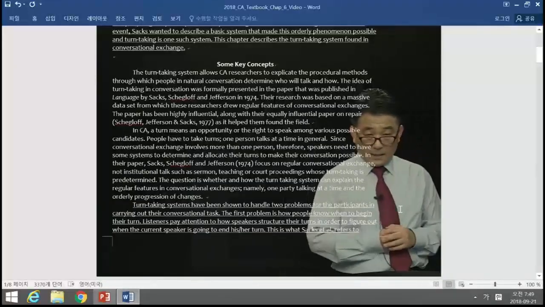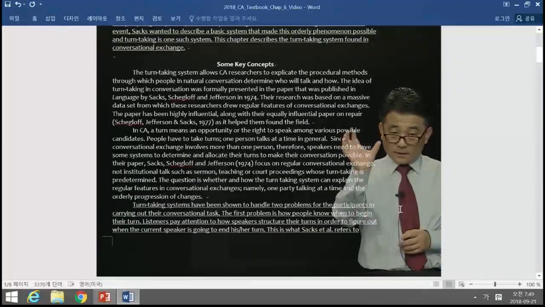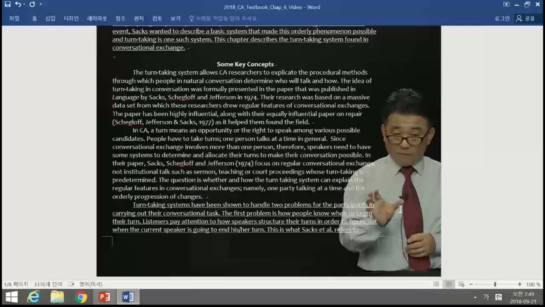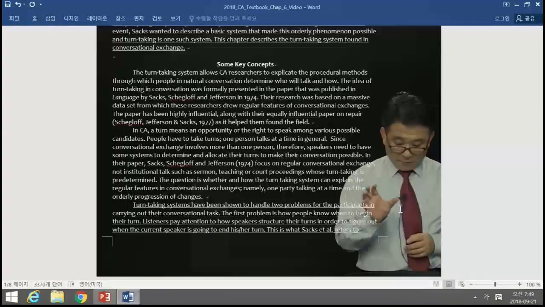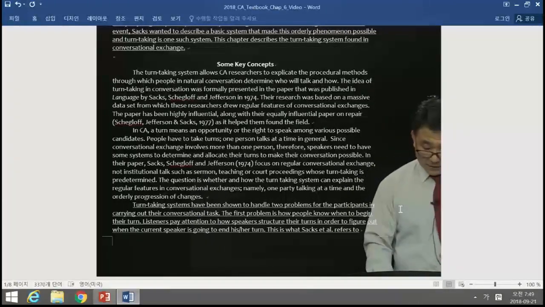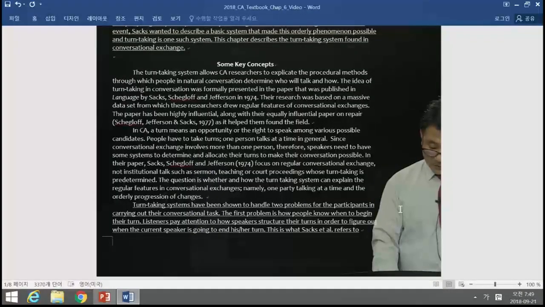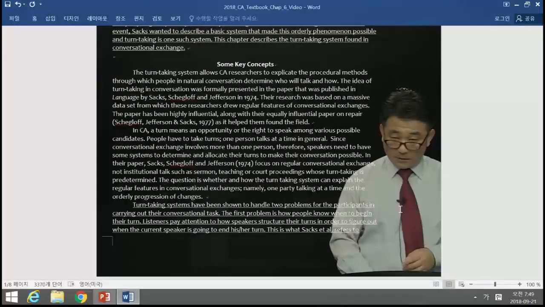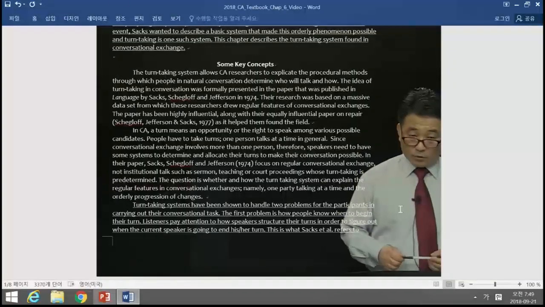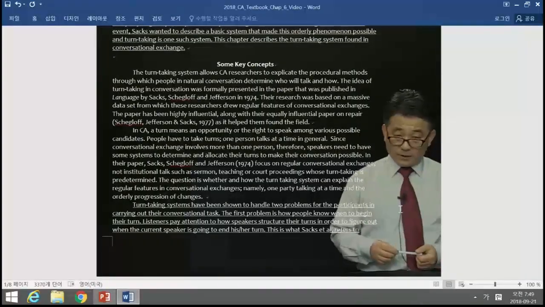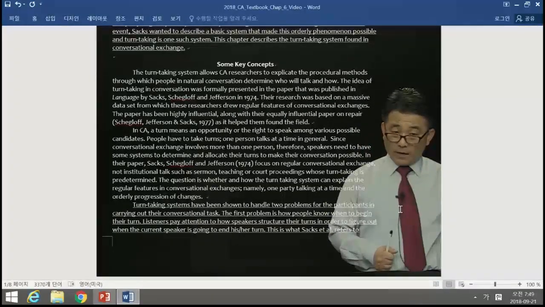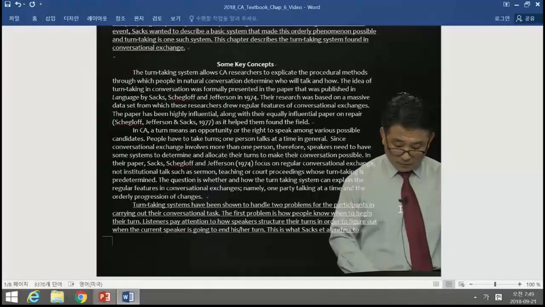Now, Harvey Sacks noticed that in conversation turn-taking happens regularly, and this is what the text is referring to here. The turn-taking system, in the last paragraph, has been shown to handle two problems for the participants in carrying out their conversational task. So once you have such a system called turn-taking, it can explain these two social phenomena people can produce.